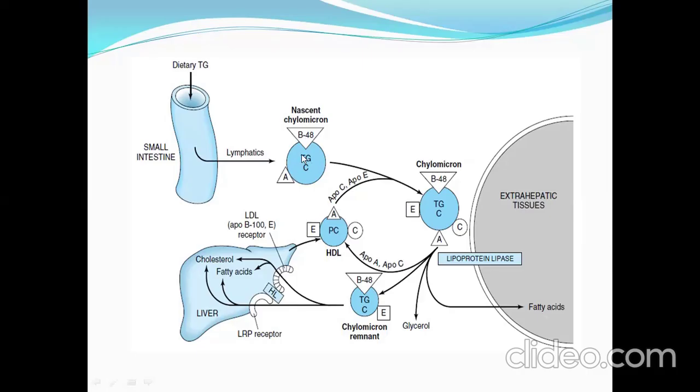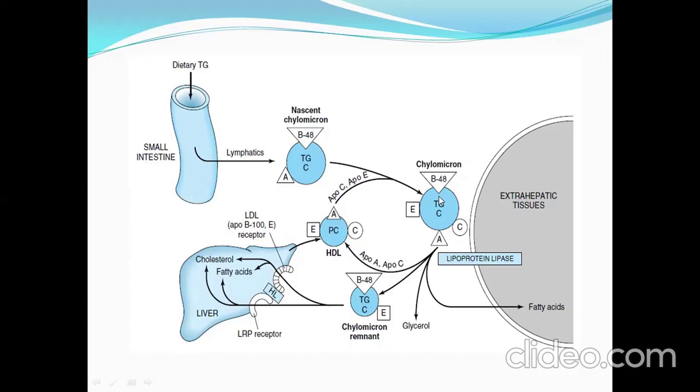In nascent chylomicron, apoprotein C and apoprotein E are aided by the HDL. So HDL acts as a donor for the nascent chylomicron. From HDL, nascent chylomicron gets apoprotein C and apoprotein E. Then finally it converts into the mature chylomicron. So mature chylomicron has apoprotein B48, apoprotein E, apoprotein A, apoprotein C.